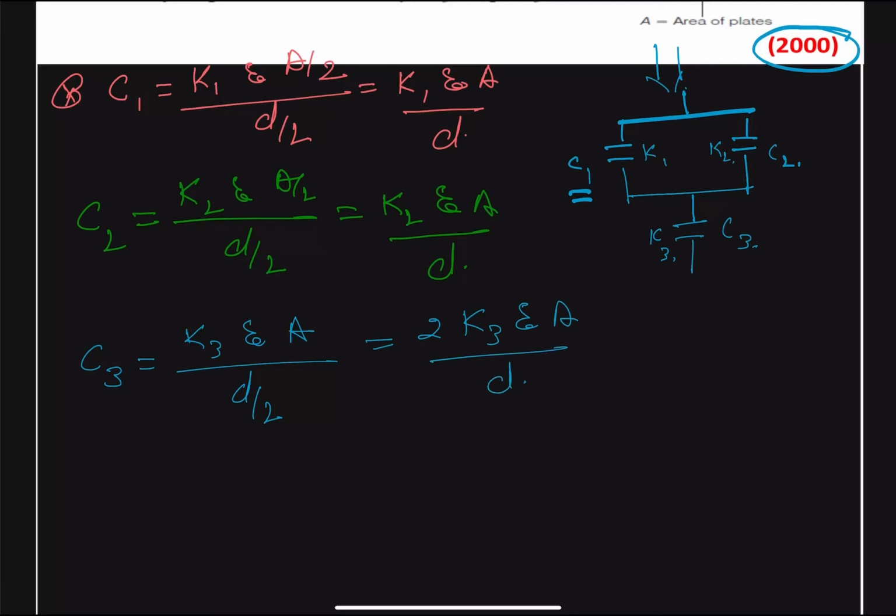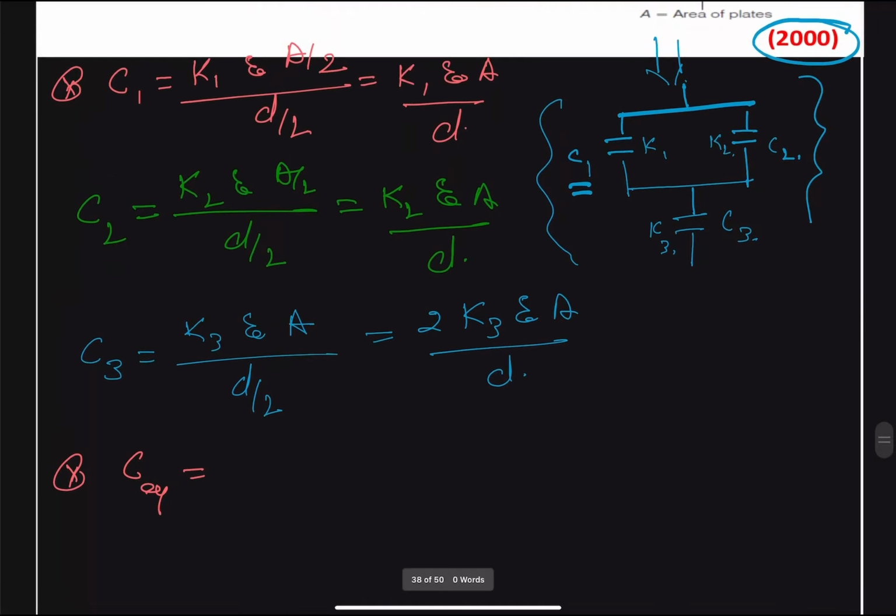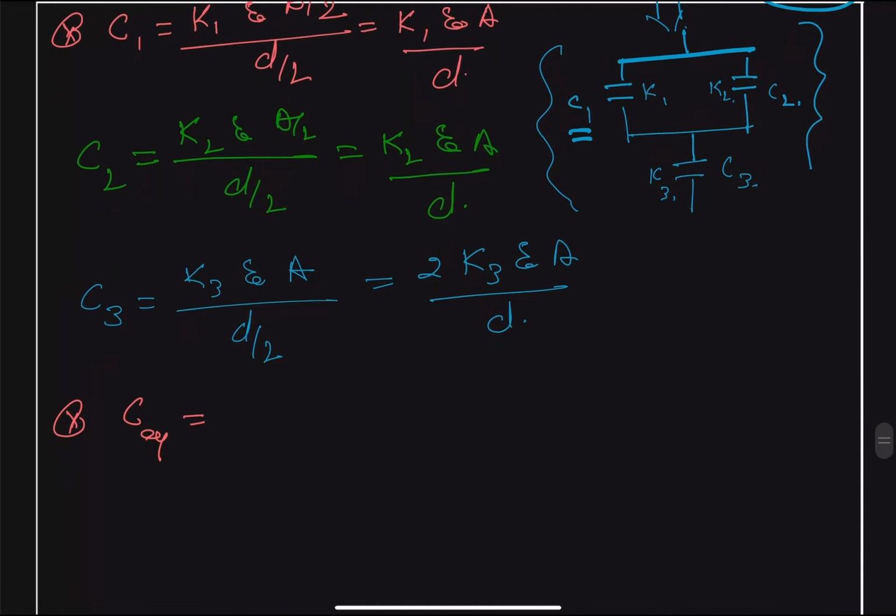And we can easily find the equivalent capacitance of this entire system. C1 and C2 are in parallel, so this will be C1 plus C2, and this goes in series with C3.